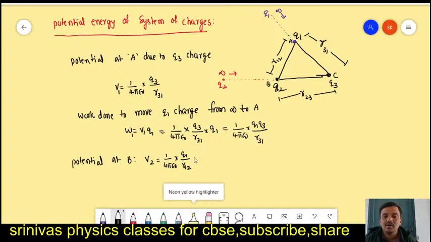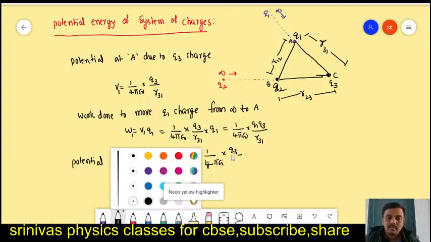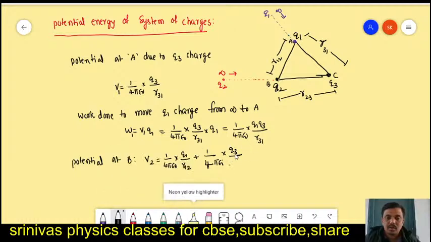And due to Q3 charge also, right? 1 by 4 pi epsilon naught into Q3 by R23 we write.